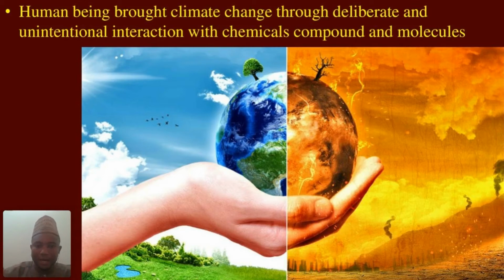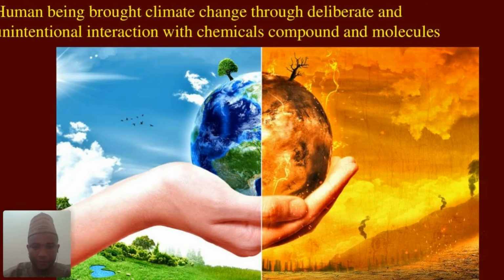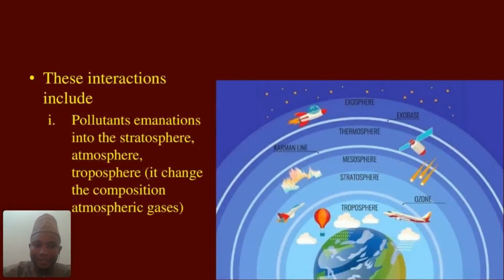As we can see before, there is an example of what it was before naturally and what could happen in the future. This interaction is divided into two. The first interaction of humans in the environment is pollutant emanation into the stratosphere, atmosphere, and troposphere.